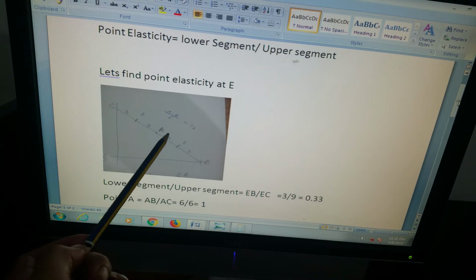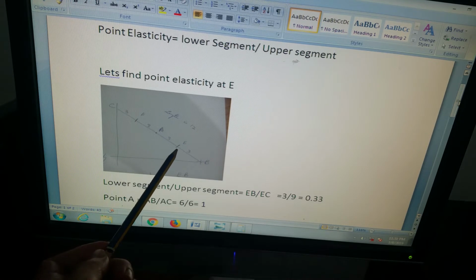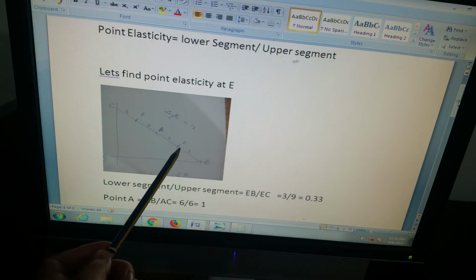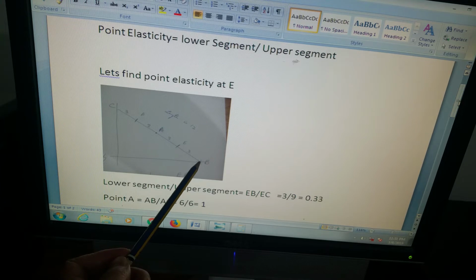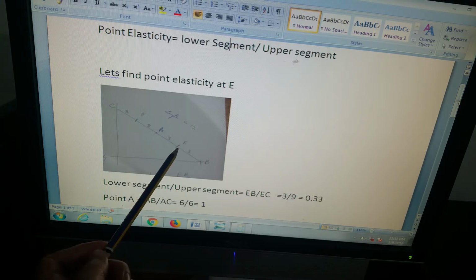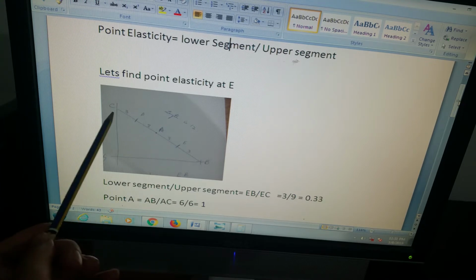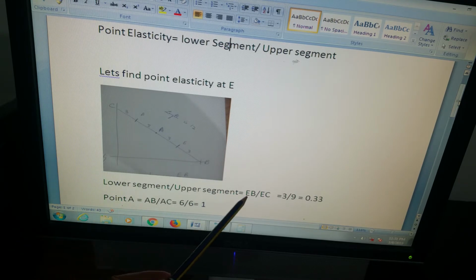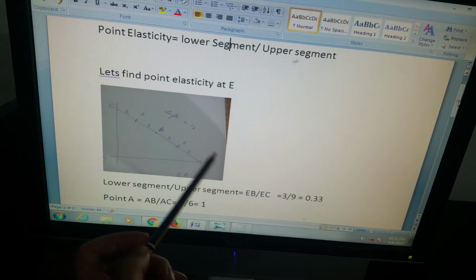What's the lower segment? The lower segment is EB, because this segment comes below point E. And what is the upper segment? The upper segment is E to C. It comes above point E. So here it is, EB divided by EC, the lower segment divided by the upper segment.